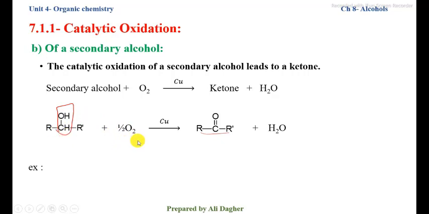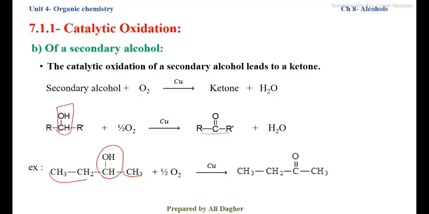Example: CH3, CH2, CHOH, CH3 plus O2. The functional carbon and the hydroxyl group are transformed into carbonyl group, C double bond O. R and R prime remain the same. We obtain CH3, CH2, this is R, C double bond O, CH3, this R prime.